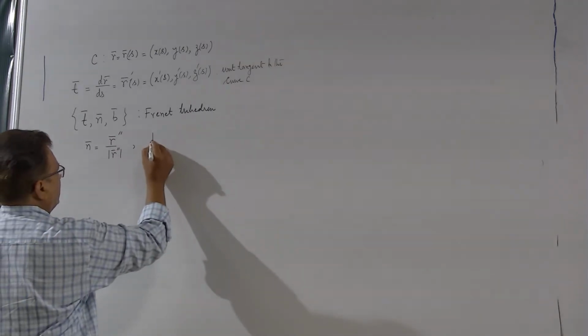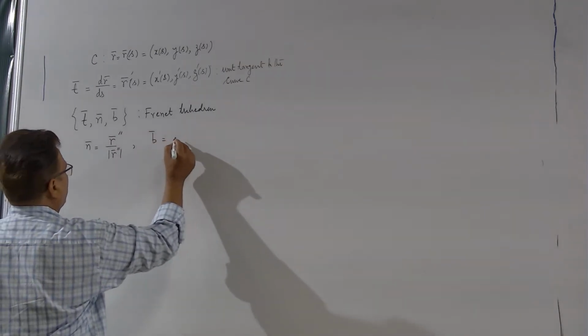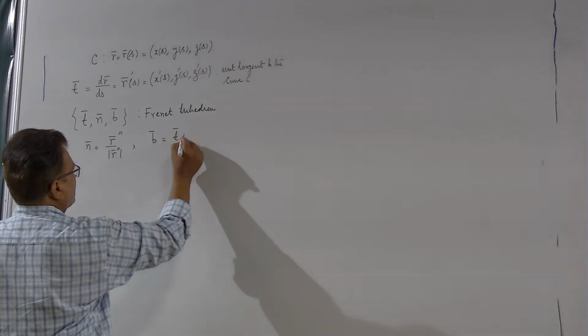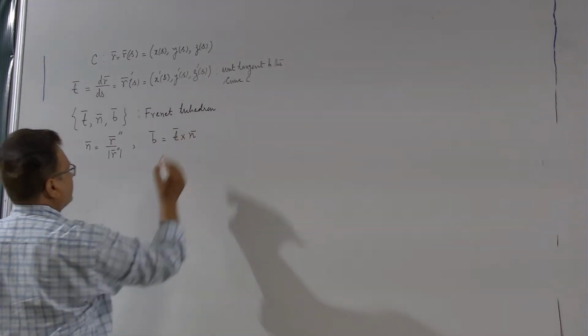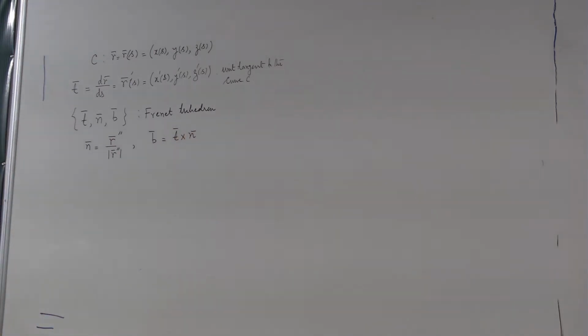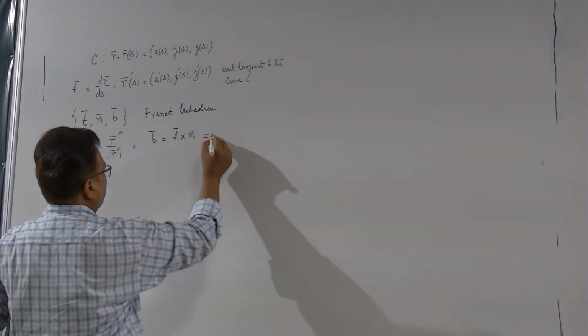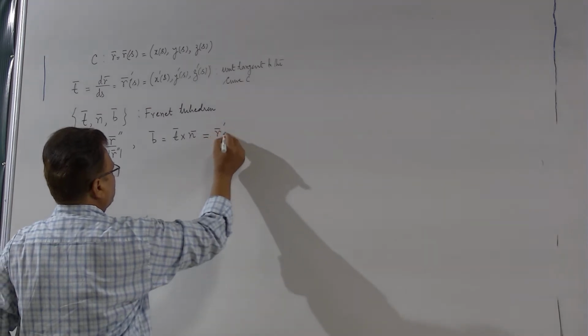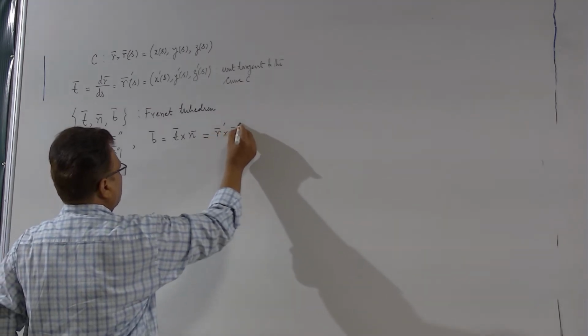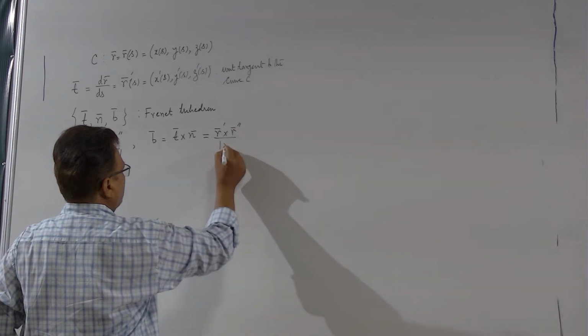So, B is given by T cross N, and these 3 vectors form a right handed system. So, if you want to express in terms of derivative of r, it will be r dash cross r double dash upon modulus of r double dash.